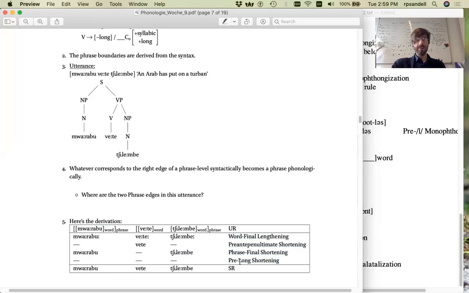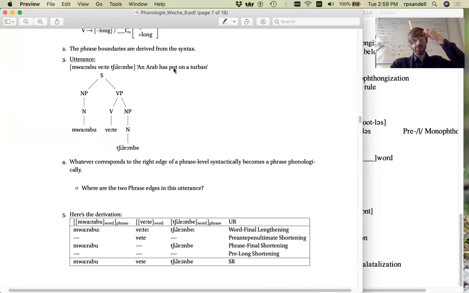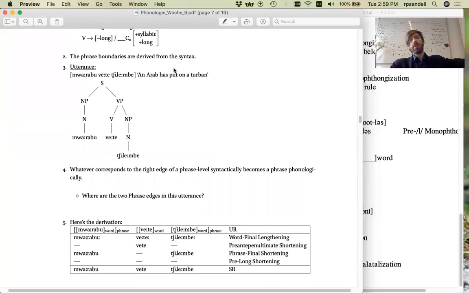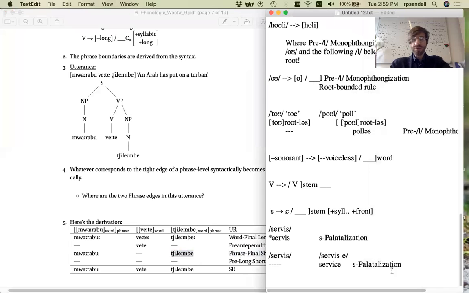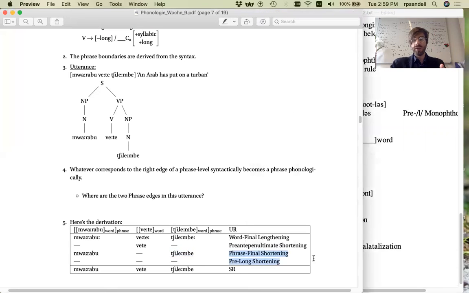And finally, the last process of pre-long shortening no longer has a target. If phrase final shortening had applied after pre-long shortening, then things would behave differently. We can see actually that phrase final shortening here bleeds pre-long shortening.